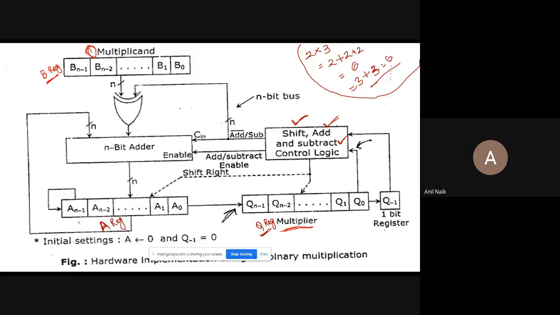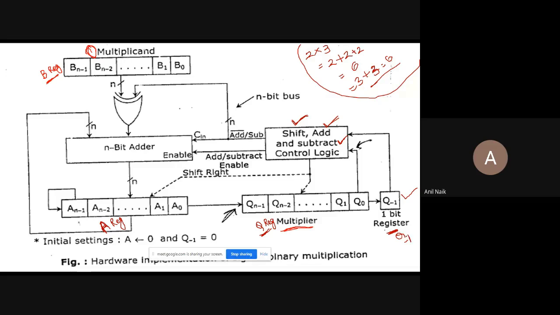Initially the value will be in the multiplicand and multiplier. And to perform the right shift and store the result, we use the accumulator register. So that is 3 registers, and one more, the Q minus 1 bit register.